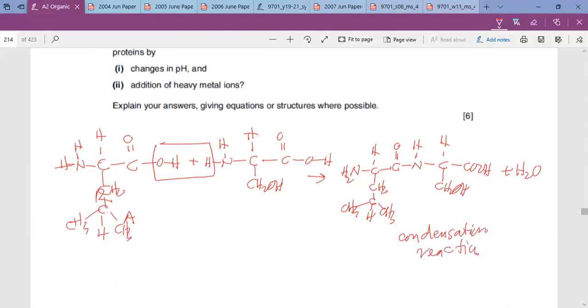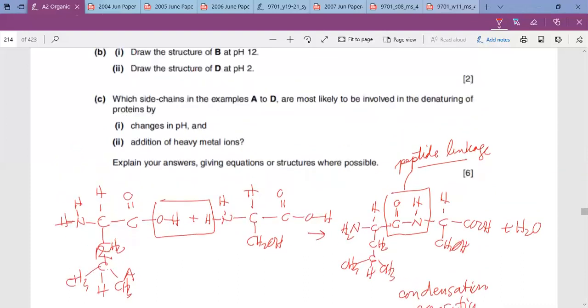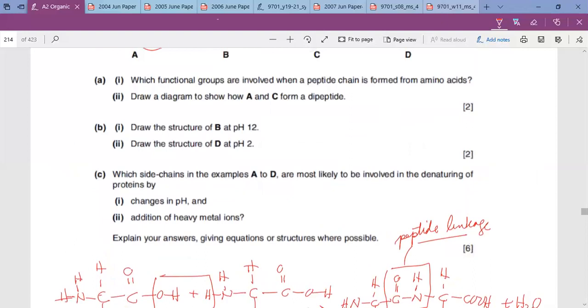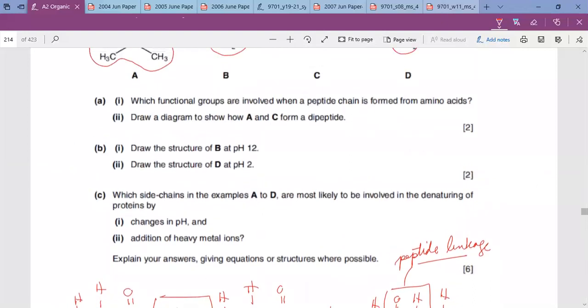You can box this right here, it is called the peptide linkage. Quite clear, isn't it? They ask which functional groups are involved in the peptide linkage chain. The functional groups here are the amino group and the carboxylic acid group.